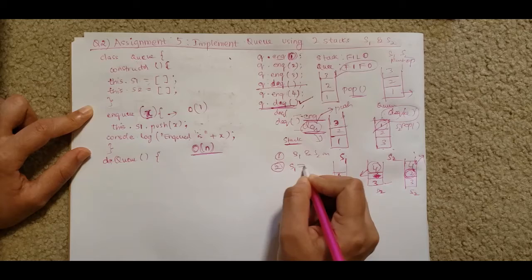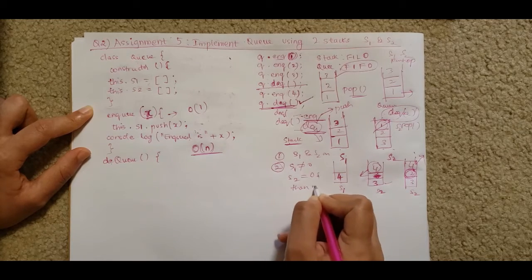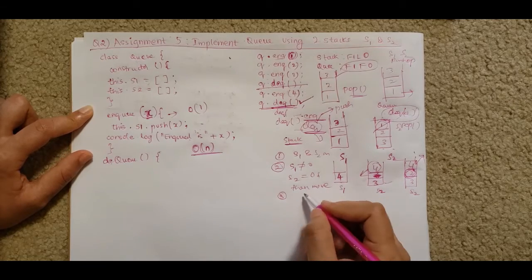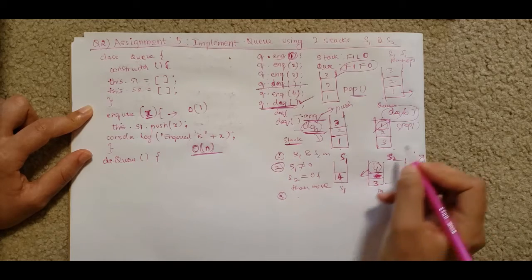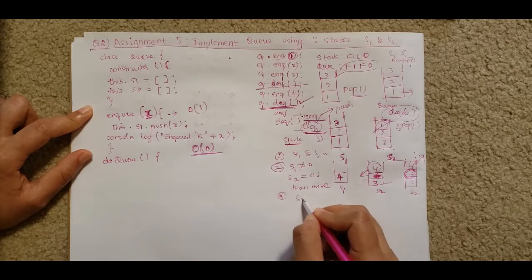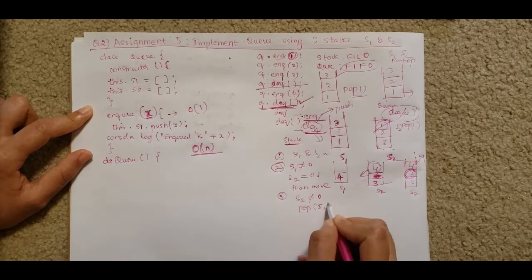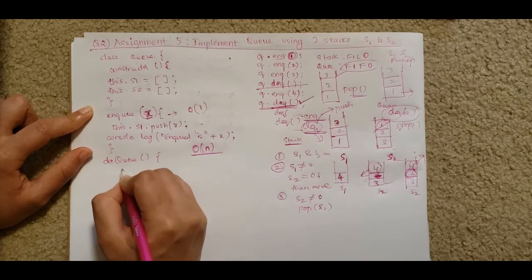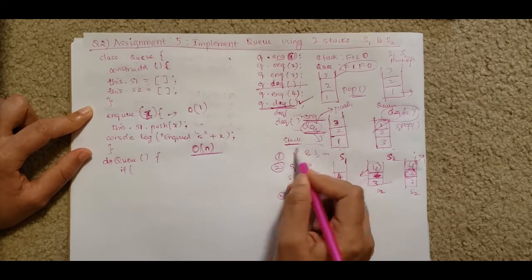Correct? Then one more condition: just dequeuing. If S2 is not empty, then pop from S2. So these are the three conditions we have to write in dequeue. So first let's do this.